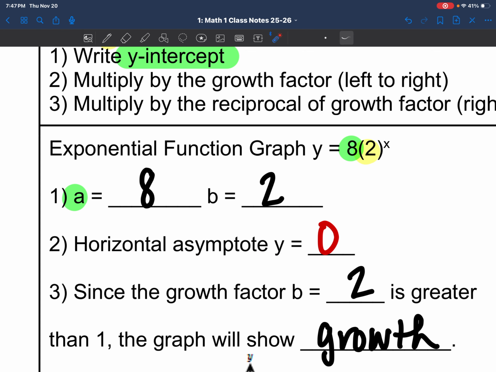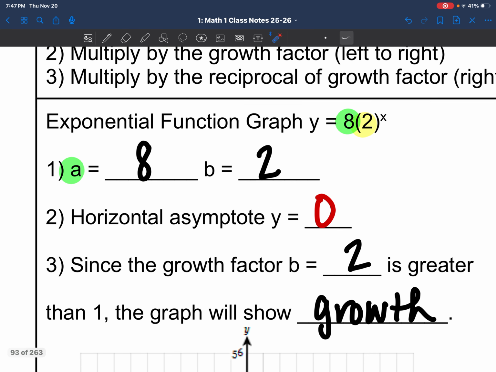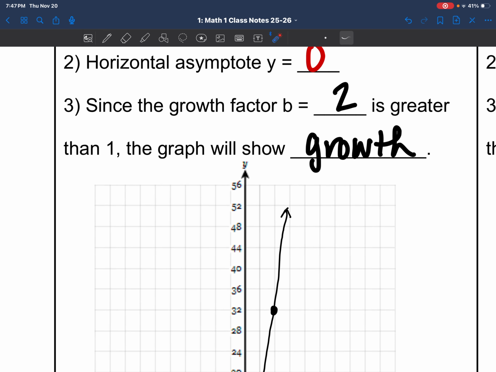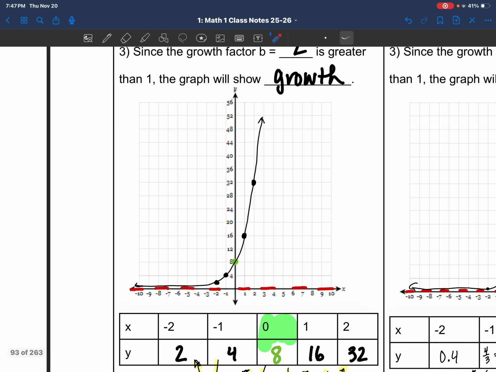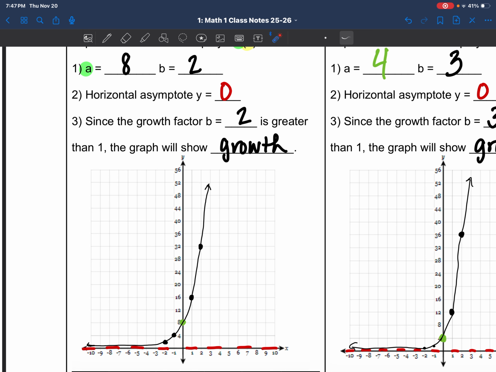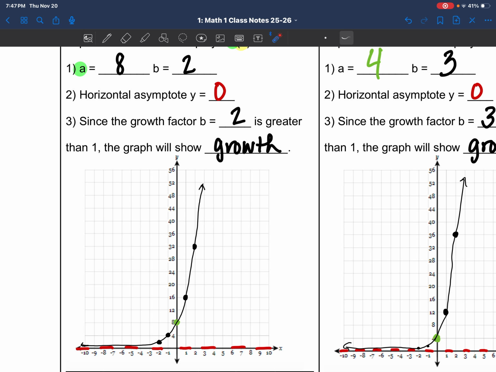All right, so now we're going to take all of this information and we're going to graph it. I already have the graph on here for you, but I'm going to show you what it looks like. Here's what we did. I'll give you the points and how we got the points in a second. But first off, notice here in red, it's a dashed line on the x-axis.